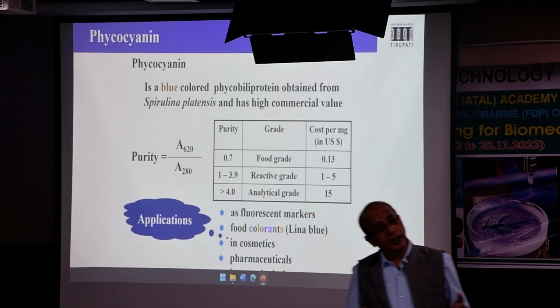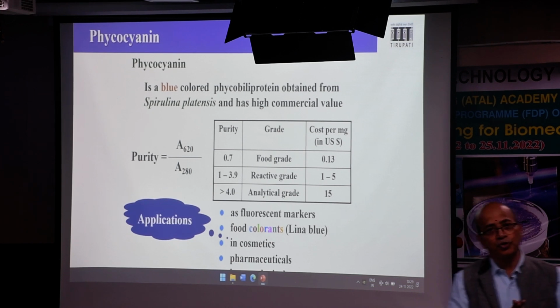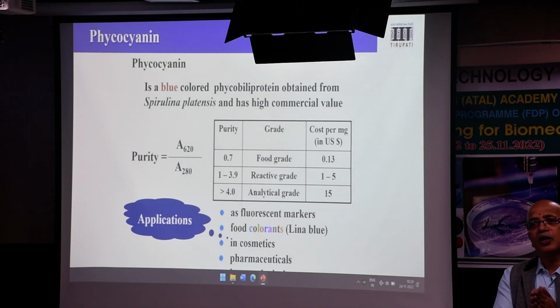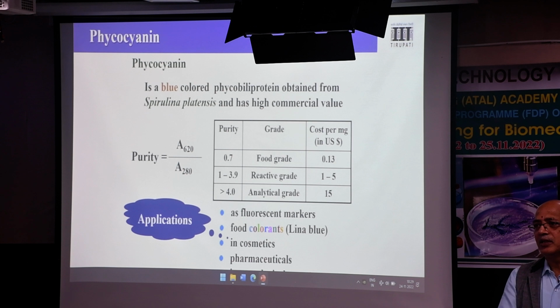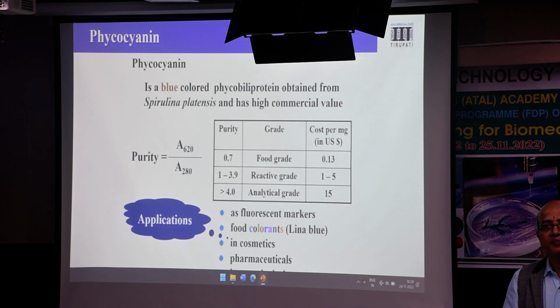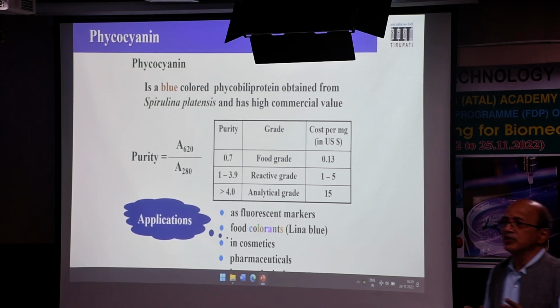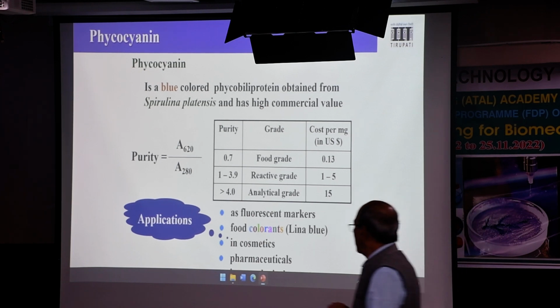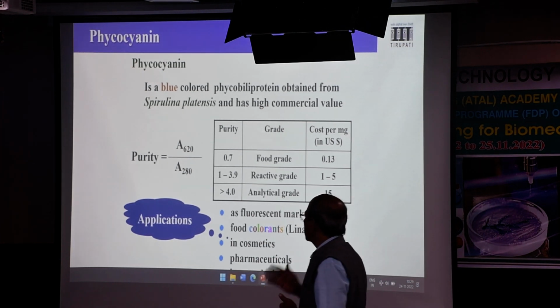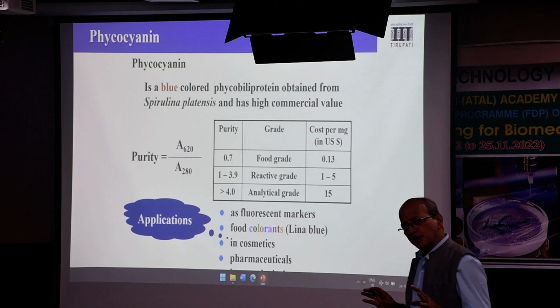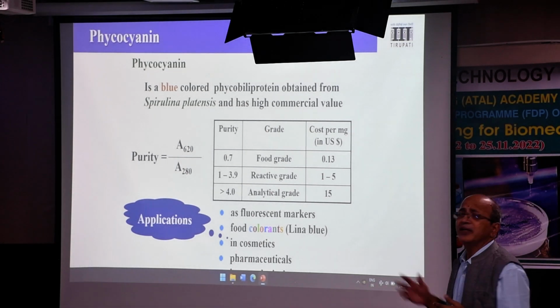So is it a hypothesis or really true? We transferred the technology to one of the industries. Incidentally, that industry promoter is a surgeon. He did experiments on a rabbit and shared the results back that yes, it is feasible. And it is used for cosmetics and food colorants, but it is not very expensive.